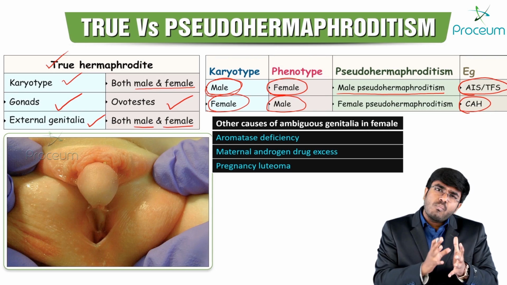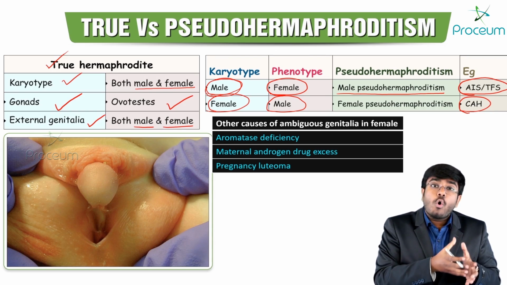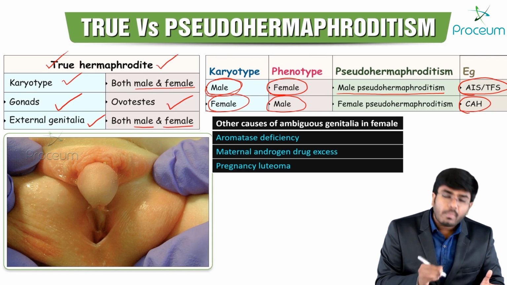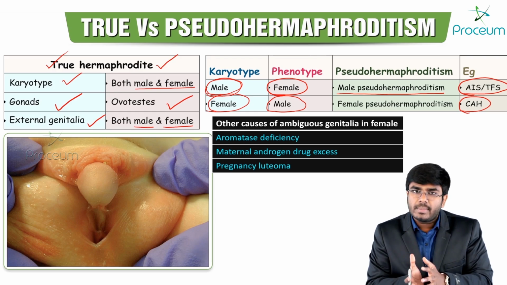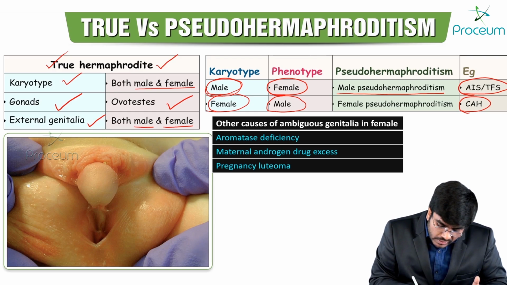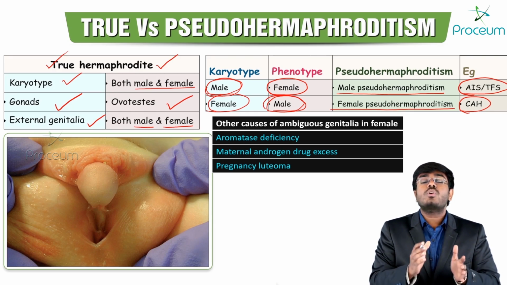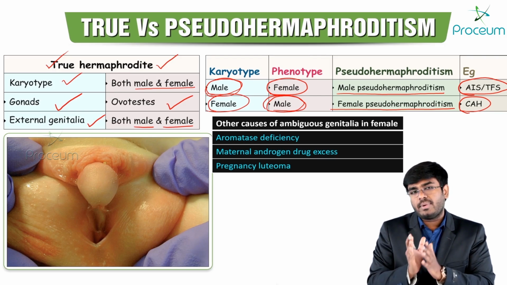A combination of both male and female internal reproductive organs, that's the ovotestis, is known as a true hermaphrodite. Pseudo hermaphrodites are a male who looks like a female, or a female who looks like a male. So if a female is looking like a male, then it is known as female pseudo hermaphroditism, and the most common cause for female pseudo hermaphroditism is congenital adrenal hyperplasia.